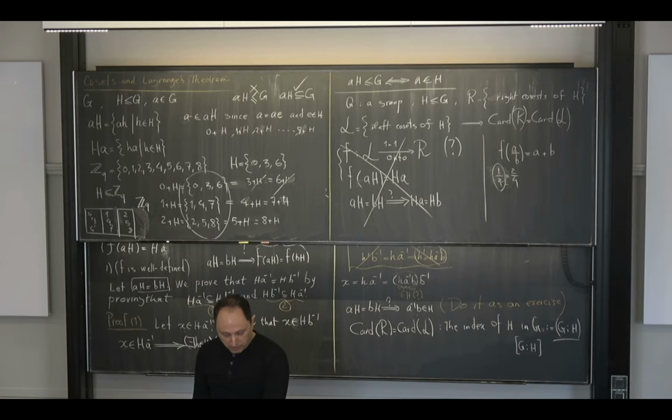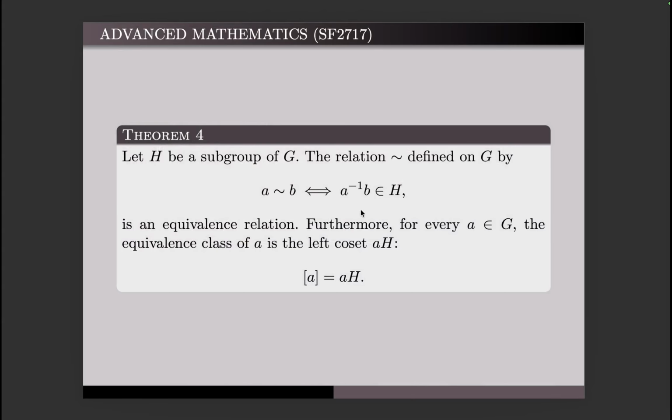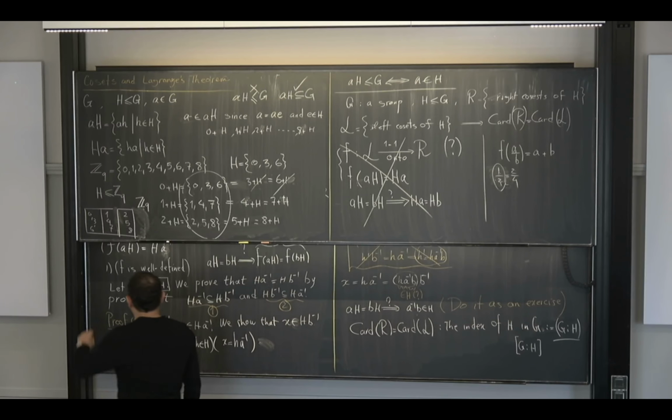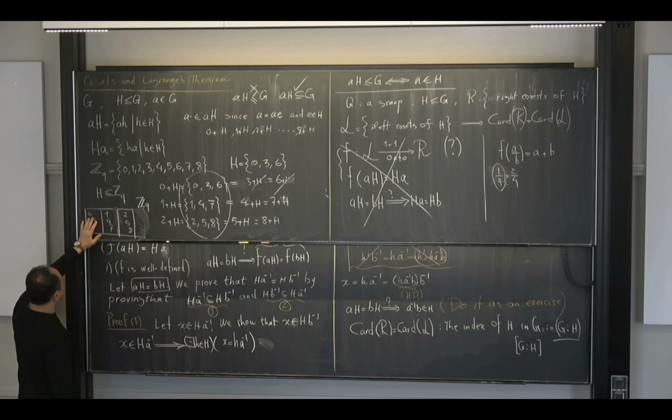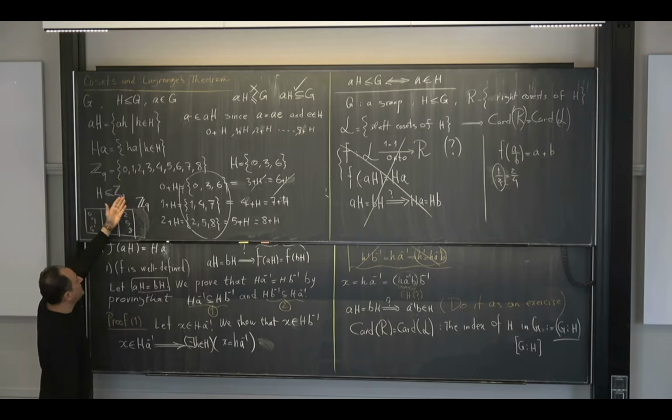Now, this one you can do. This one, let us do this one. And you see that this expression is exactly what happened here as well. Okay, so let us do this theorem. This is a very, very simple theorem. Hopefully you understand that there is some relation between cosets and equivalence classes. You remember that was my question for you. The problem is that the way I stated the problem, you didn't even see an equivalence relation there.